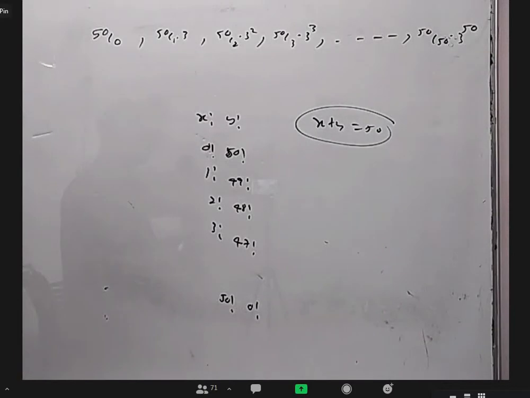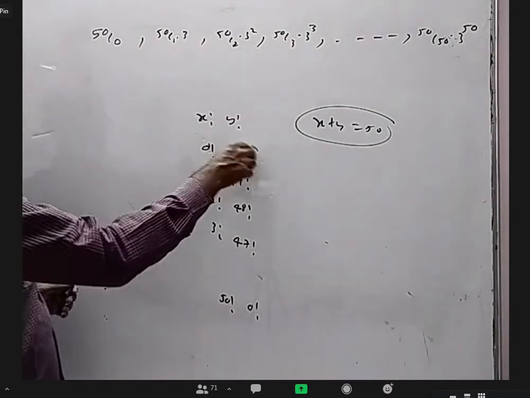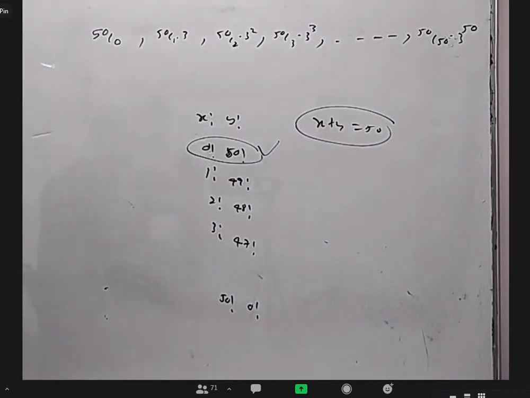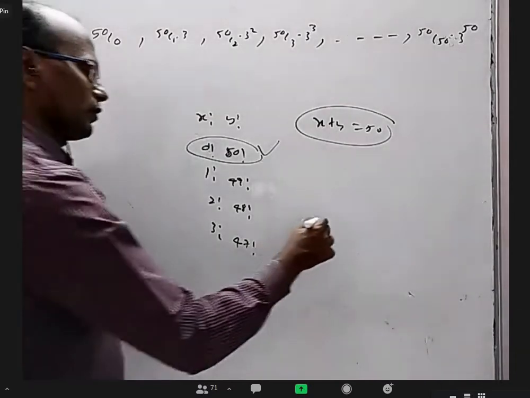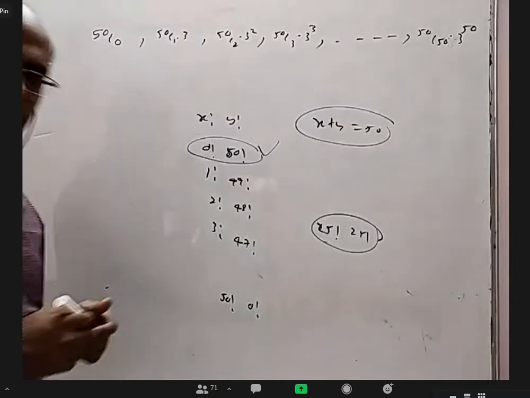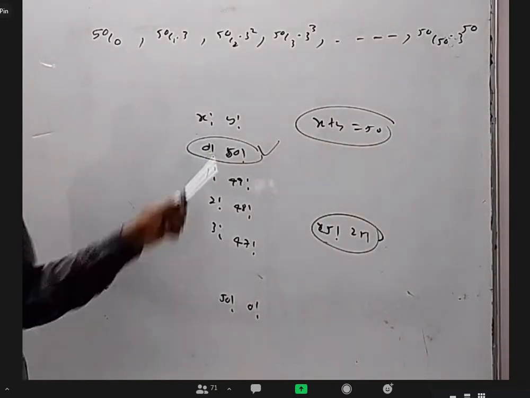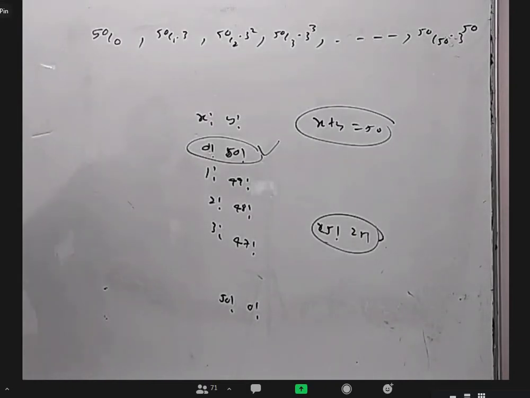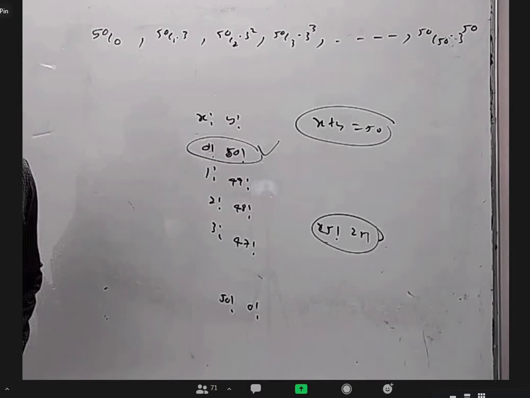When x is equal to y, that's this one. And when will be the least? When x equals y, 25 factorial into 25 factorial. Anybody want to give an explanation why among all these things, this is highest and this is the lowest? Don't say NCR is maximum at the middle term and all that. We did not prove it, right?